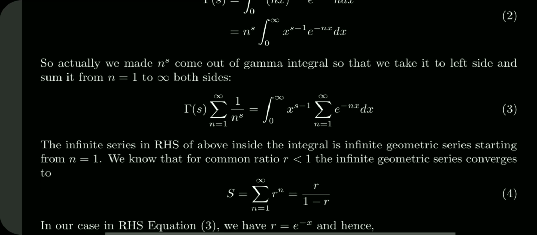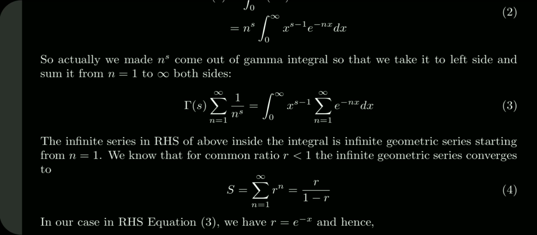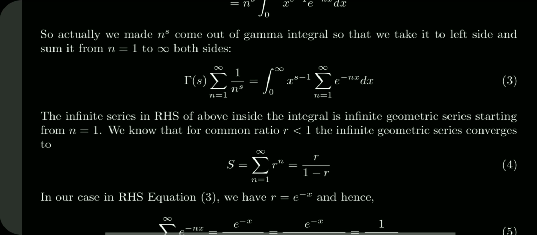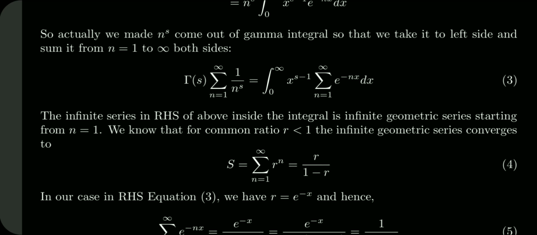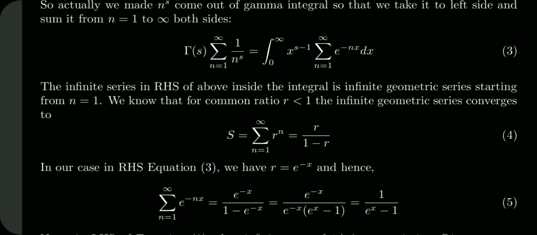We know that for common ratio r, which is less than 1, the infinite geometric series converges to s, which is equal to r divided by 1 minus r, where r is the common ratio. So in our case, in the RHS of equation 3, we have the common ratio r equal to e to the minus x. Hence, by using equation 4, that infinite sum can be calculated.